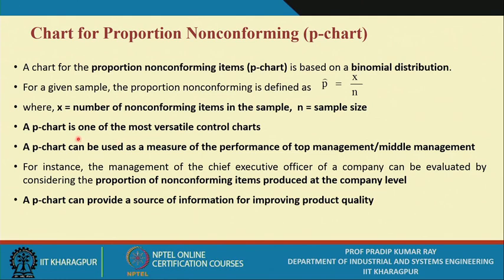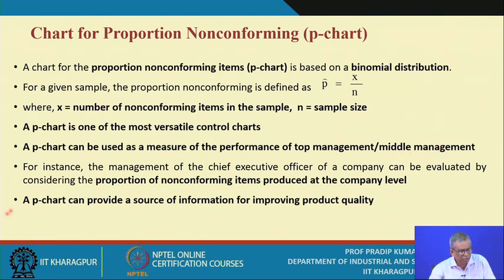Now in many cases, whenever you deal with attributes data, many companies feel like using a P control chart. As I have already mentioned, at the top management level you can use it, at the middle management level, and even at the operations management level you can use the P control charts. For example, the management of the chief executive officer of a company can be evaluated by considering the proportion of nonconforming items produced at the company level.